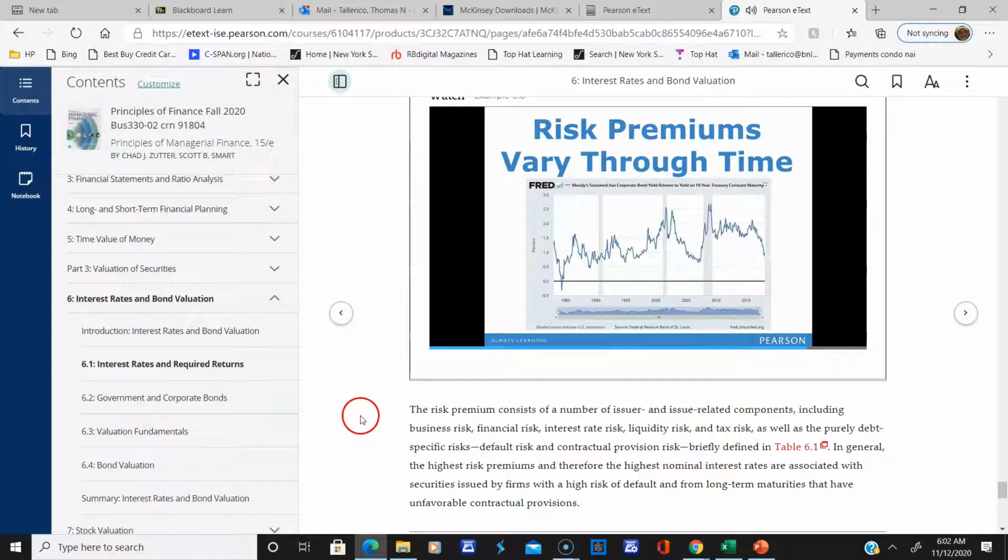At other times, when the economy is doing well and corporate profits are high, risk premiums on corporate bonds may be quite low. But in both good and bad economic conditions, corporate bonds are always riskier than U.S. Treasury bonds, and therefore they'll always have to pay investors a risk premium compared to the return on U.S. Treasury securities.